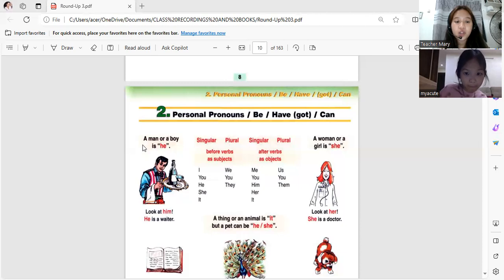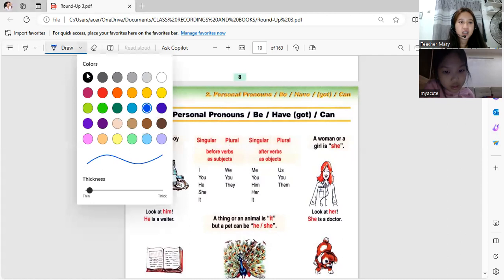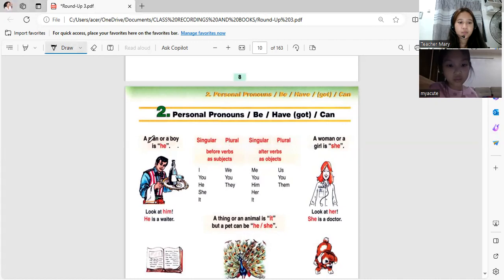For this example, which is the verb? A man or a boy is he. The verb is is.